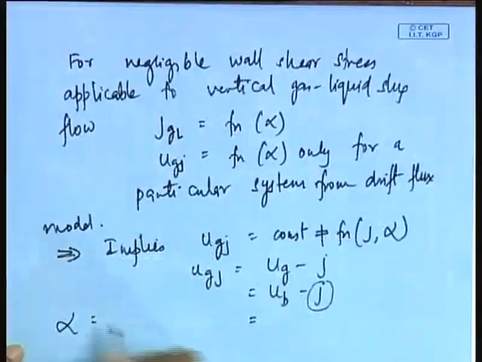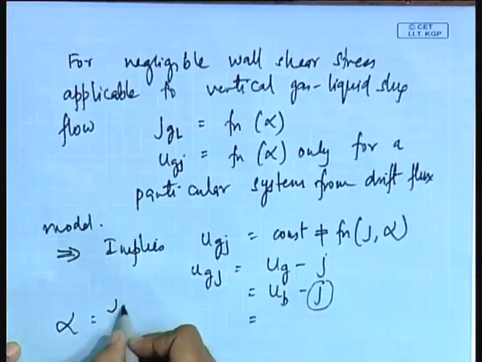Why is drift velocity important, or why is the bubble velocity important for that matter? Because whenever we want to analyze anything of slug flow, anything of two-phase flow for that matter, first we would like to know the in situ composition. That is the most important thing. If for two-phase flow we know the in situ composition, we can find out all other parameters. Now, what is alpha for slug flow?